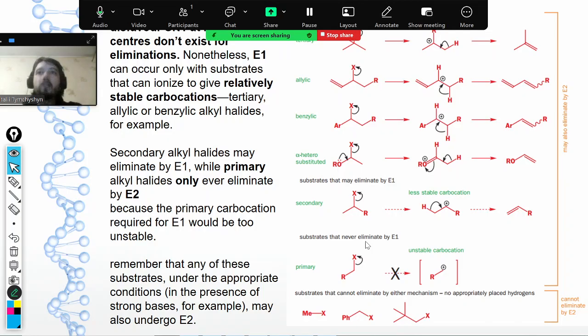You see that in case of either E1 or E2, we are abstracting some proton, and if you don't have a proton there, you cannot eliminate. For example, if you had any hydrogen atom here, that would be possible, but you don't have that just because this carbon atom has used up all 4 bonds that it can form.